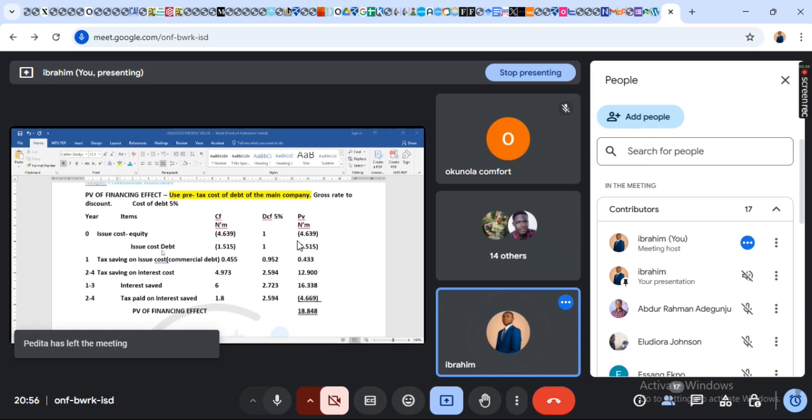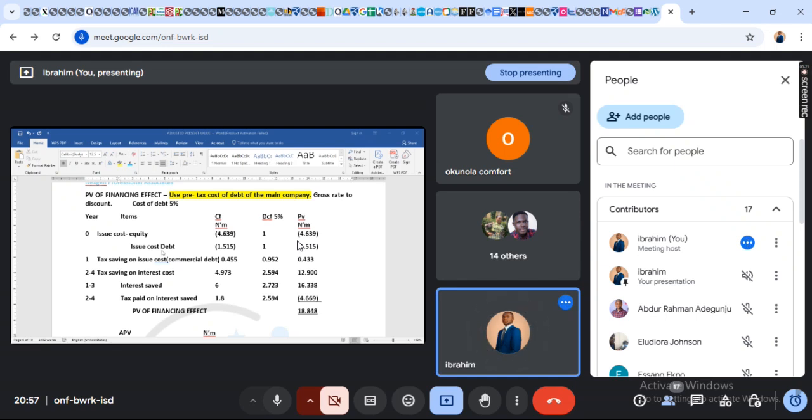But there is a subsidized rate of 3%, and there is a commercial rate of 5%. So which one of these is the pre-tax cost of debt? Is it the subsidized or the commercial?